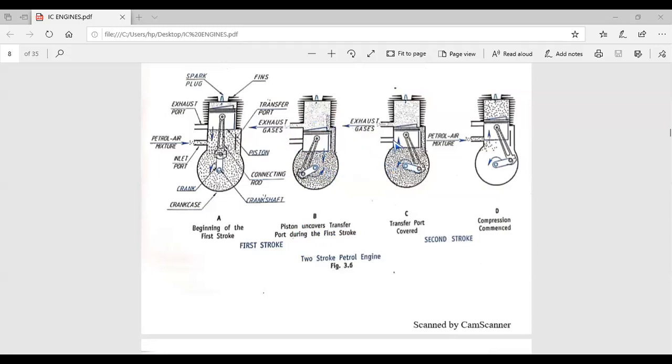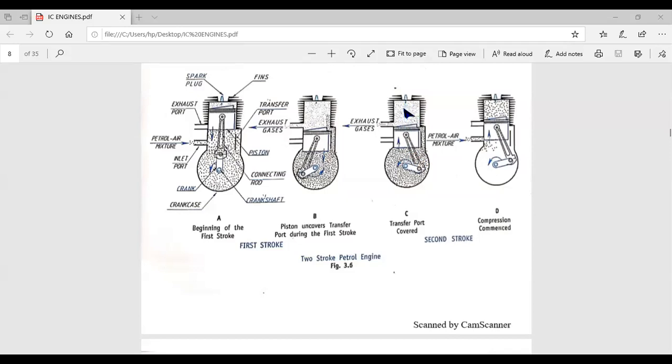And again, observe here, the inlet valve is open, and in the meantime the transfer port is also open. Whichever fuel and air mixture is present in the crankcase is pressed into the top portion of the cylinder, where the spark plug is present. At the end of this stroke, the air and petrol mixture is compressed here, and it is ignited by the spark from the spark plug.